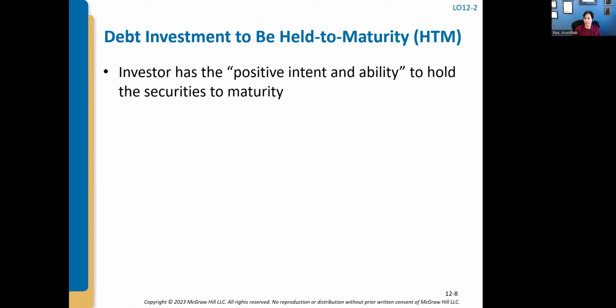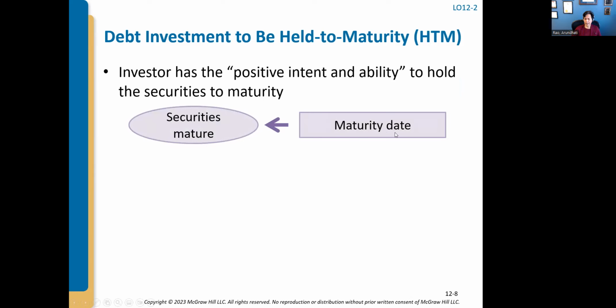On the short end, it'll be 10 years. Long-term bonds could run as much as 50 years. I'm loaning someone money and I'm saying, let's say it's a 10-year bond. I'm loaning you money and I'm saying, I can wait. I have the ability to wait and I intend to wait. Both conditions have to be satisfied. Then I can classify it as held to maturity.